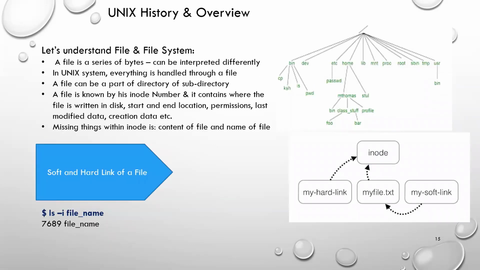So what is a file? A file is a very important entity in any operating system. A file is basically a series of bytes. A file can be part of a directory or subdirectory, but a file definitely has one inode number, and it contains all the metadata of the file.